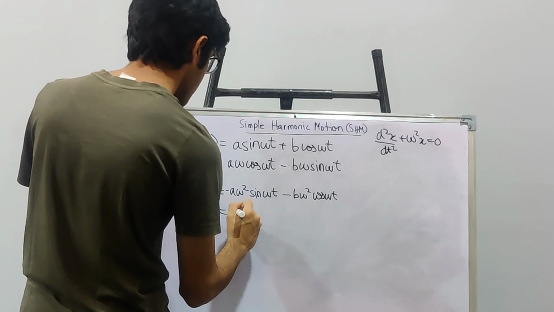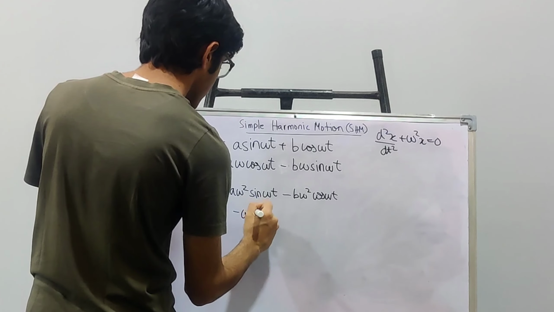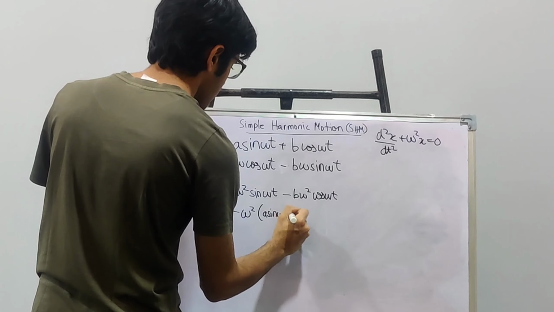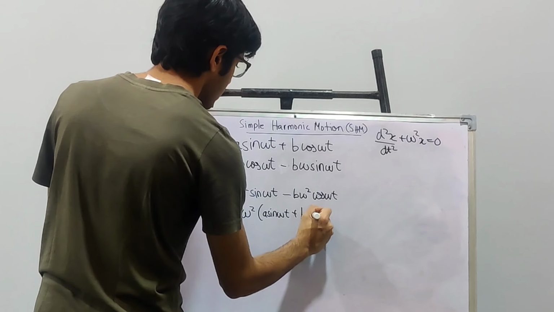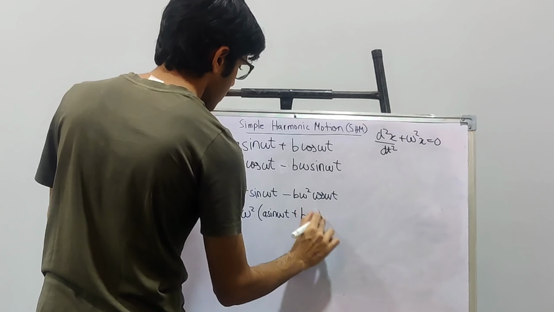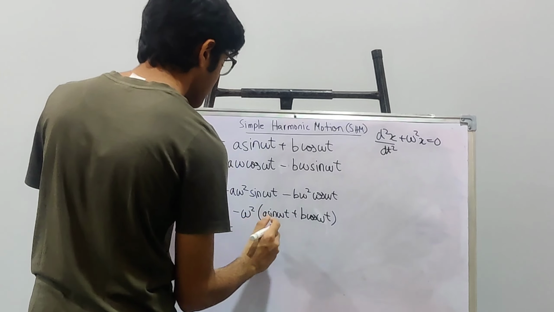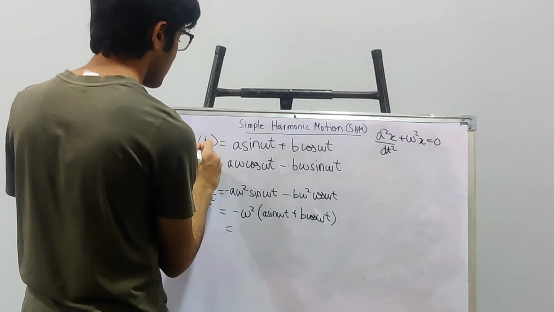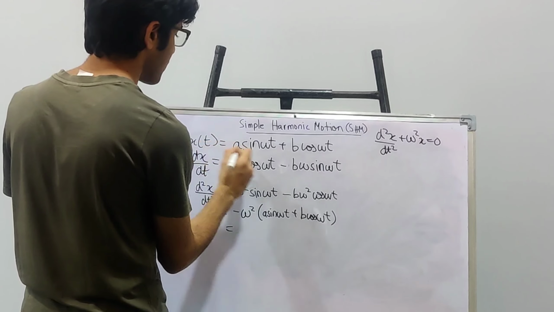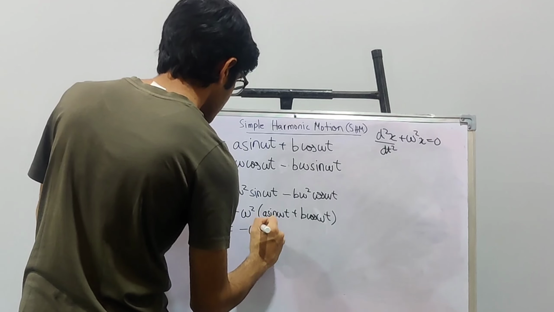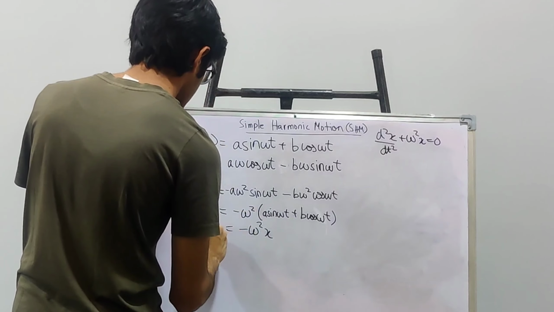We can take minus omega square as common, so this becomes minus omega square times a sin omega t plus b cos omega t. And this in fact is our x of t. You can see x of t is a sin omega t plus b cos omega t. So this becomes minus omega square x.